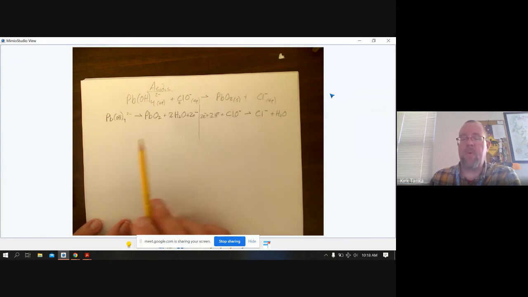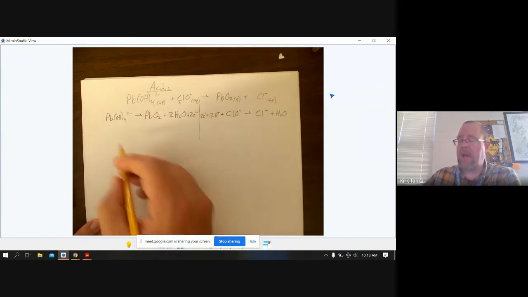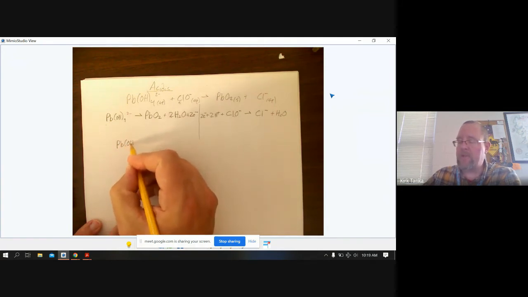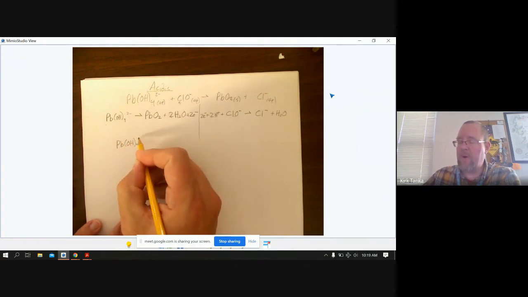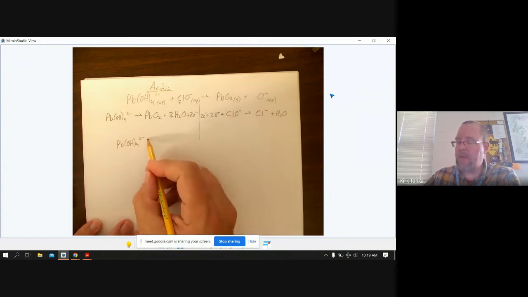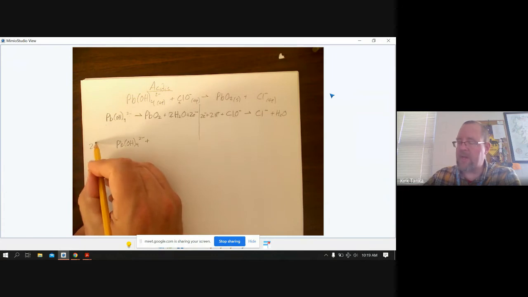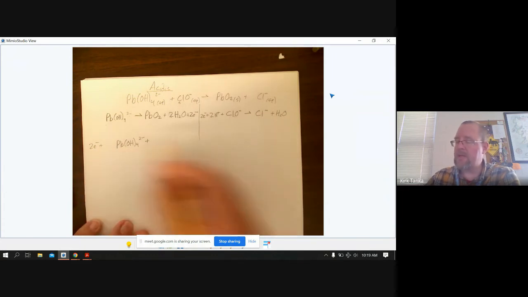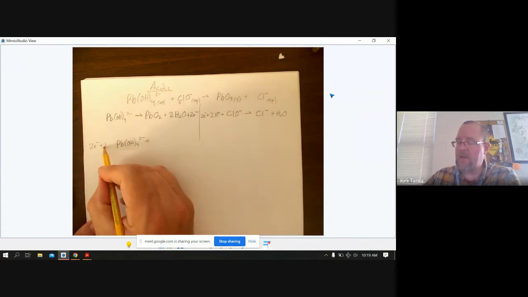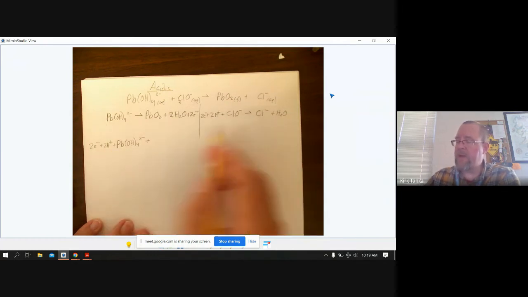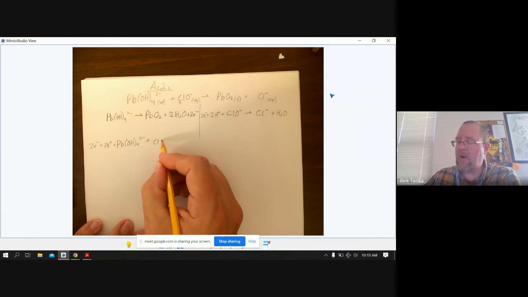I am going to write all of my reactants on one side, all of my products on one side. So I'm going to write Pb(OH)4 2- plus, over here I've got 2 electrons. I'm just going to add them here, plus 2 hydrogen ions here, plus ClO-.